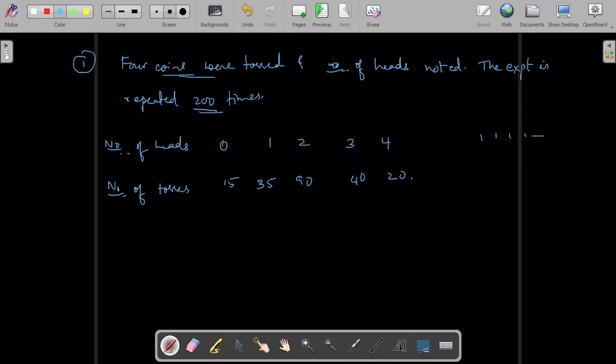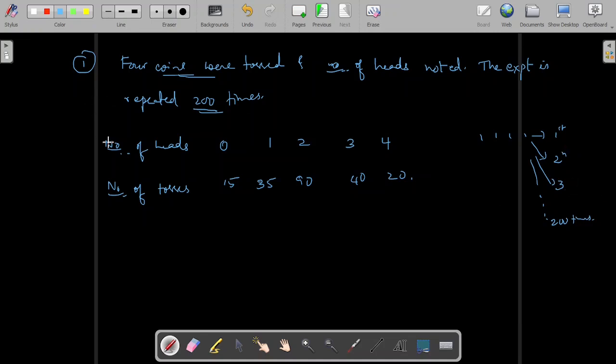So the first time they toss at a time, that is the first trial. Then second time they tossed, third time they tossed, and so on, up to 200 times this experiment is repeated.